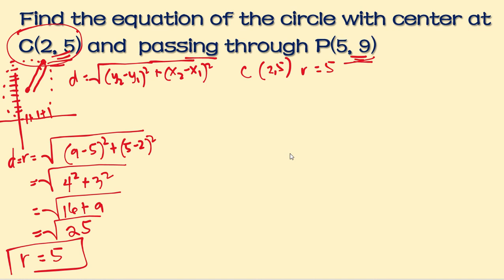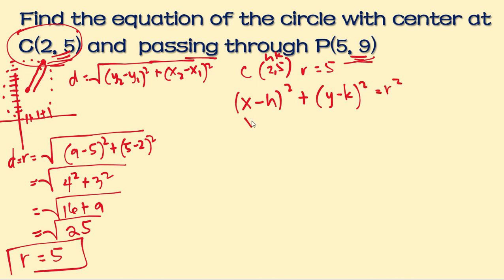So, gamitin natin yung formula kanina na kung saan h, k. Yung center natin, ito po yung h, k. Si h po yung representation ng x value ng center, and si k po yung representation ng y value. So, kung isa-substitute natin, sulat ko lang muna yung formula ulit: x minus h squared plus y minus k squared equals r squared.